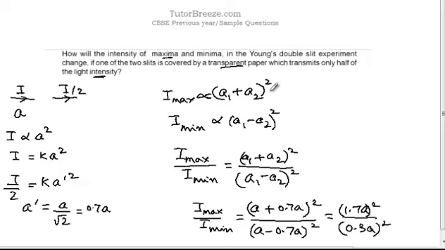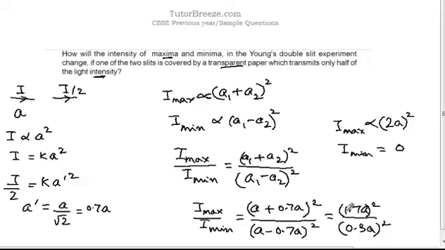Now originally, when the transparent paper was not placed, the intensity at the maxima was proportional to 2A square and the intensity at the minima was 0 because the two waves completely cancel each other out.